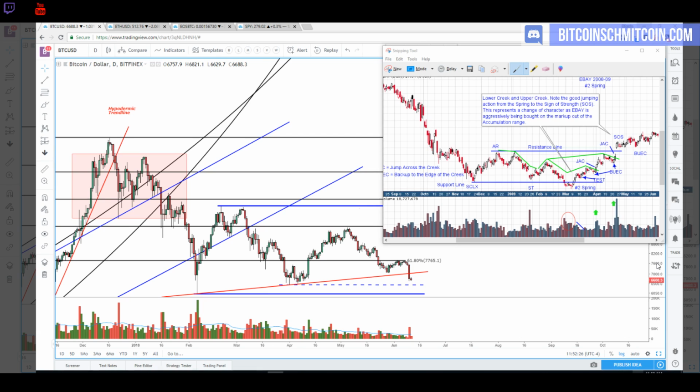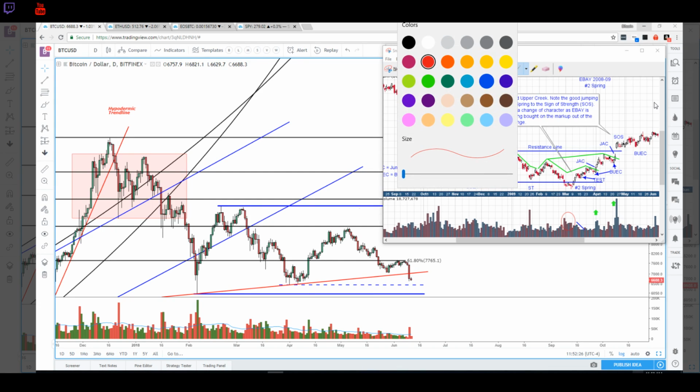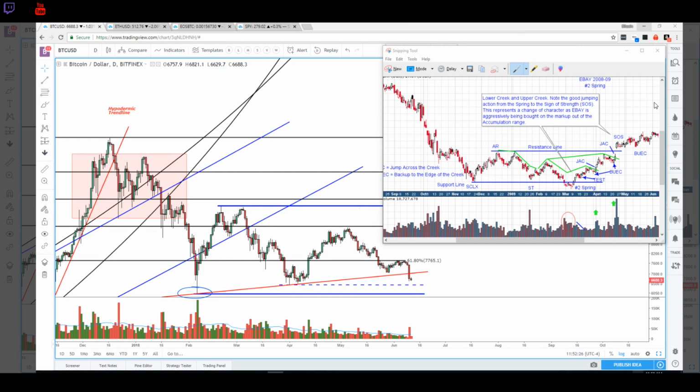Here's the eBay chart, and it matches the price structure very well. I posted this a long time ago, but let's go ahead and label this. We'll label it in blue so it matches the chart. We see the selling climax, so the selling climax must be here. We see the automatic reaction. Here we see a secondary test, which is this one.